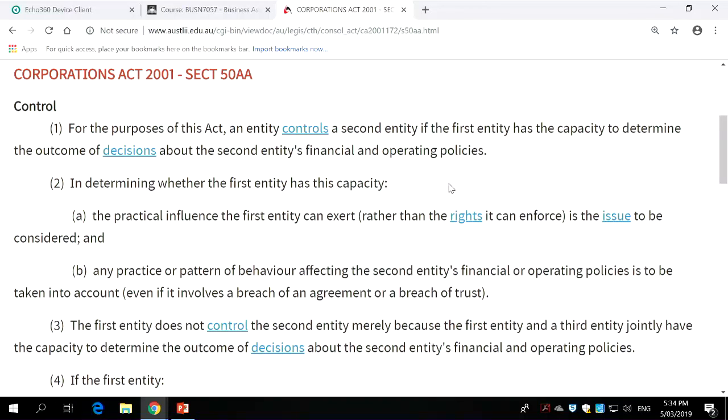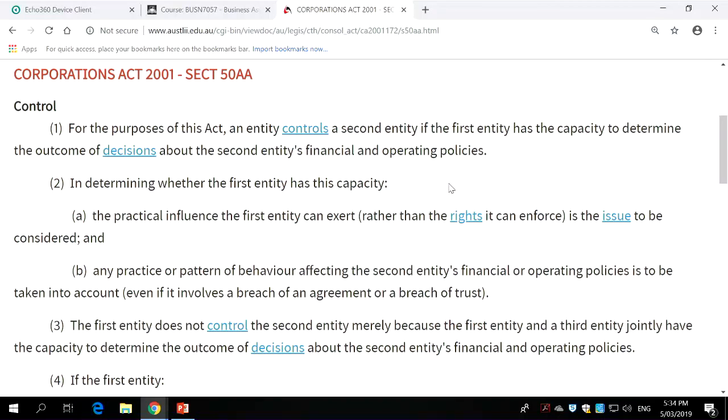And I should mention, actually, before we move on, we looked at subsection 1. Subsection 2 operates almost like a test. So when will we know that one company has the capacity to determine the outcome of decisions? Well, let's look at subsection 2.